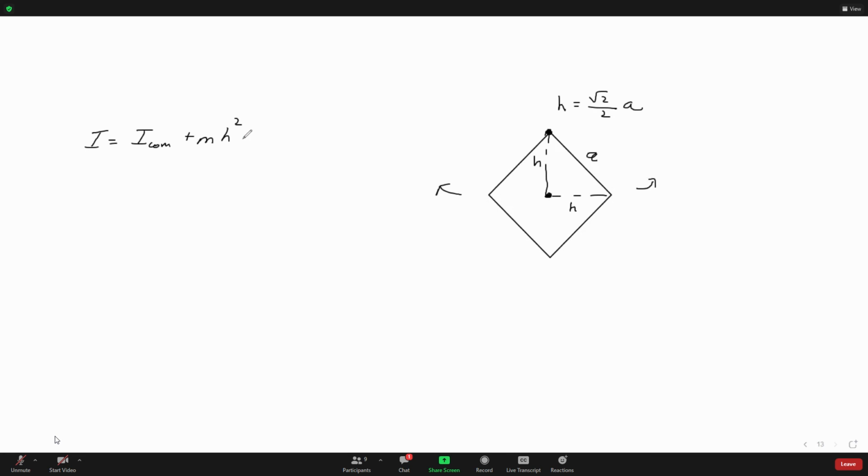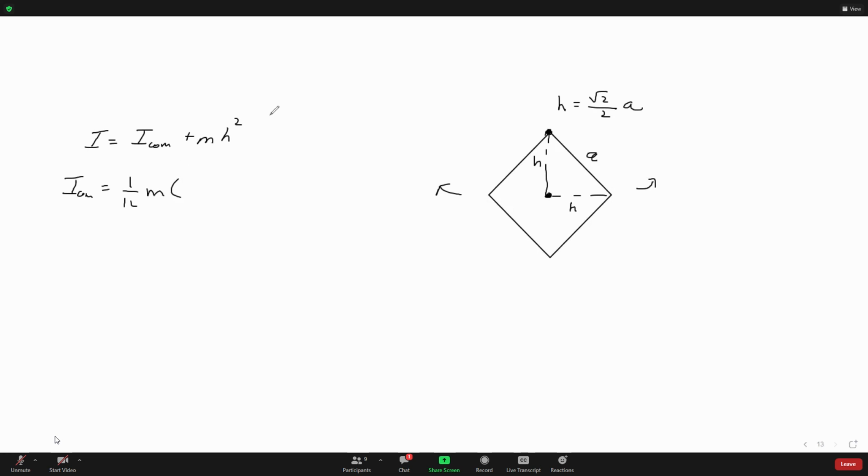So for a square lamina through the center, I center of mass is equal to 1/12 m times a squared plus b squared, but b equals a.